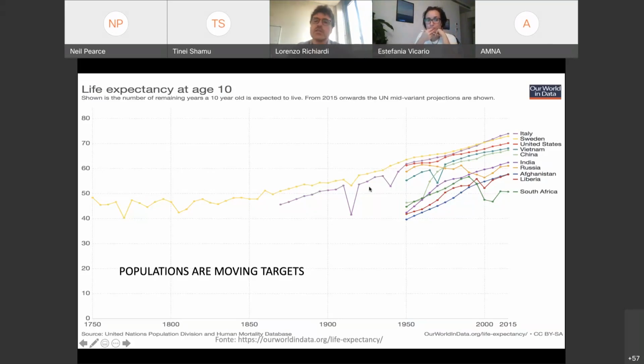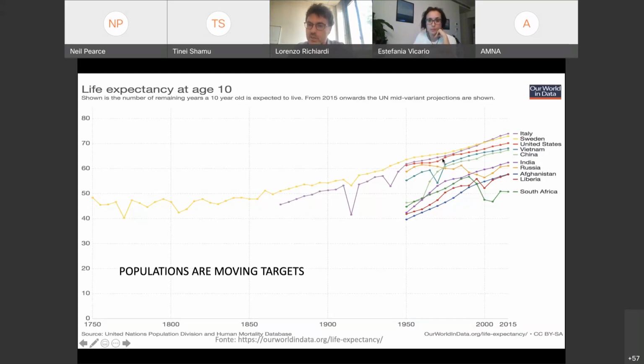And as you can see, it's very clear that there are some events that really shape the health in the population. This is the First World War, this is the Second World War. And for example, the Second World War had a strong impact on life expectancy in Italy, but not in Sweden. Different context, then health and populations should be studied differently.